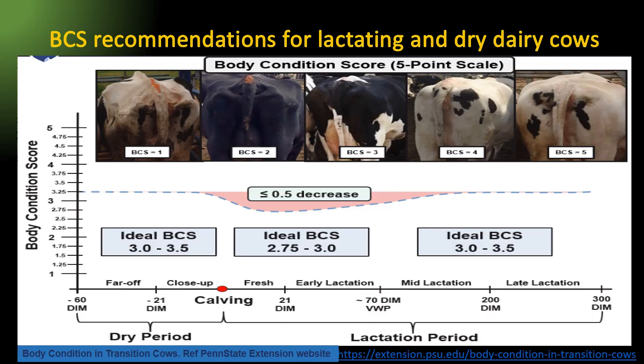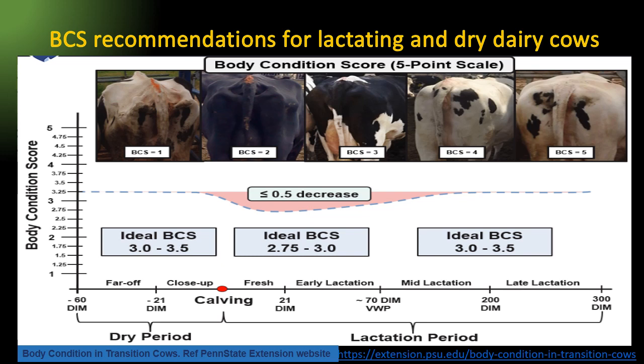This is from research-based data, the Penn State Extension website, body condition score recommendations for lactating and dry cows. Here you can see the pictures, body condition score 1, 2, 3, 4, 5, and you look at the subcutaneous fat. For the dry period from 60 days until the animal is calving, the ideal body condition score is 3 to 3.5.